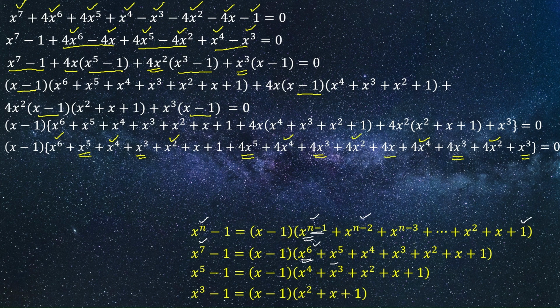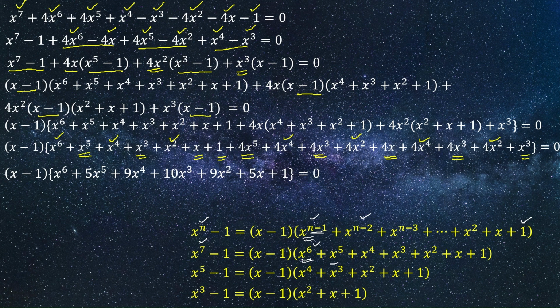And then x^1, and then the term independent of x. So after simplification, we can write (x - 1) into (x^6 + 5x^5 + 9x^4 + 10x^3 + 9x^2 + 5x + 1).